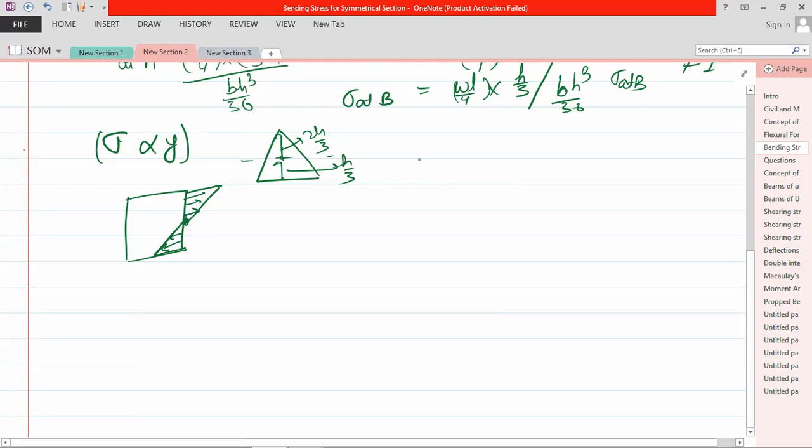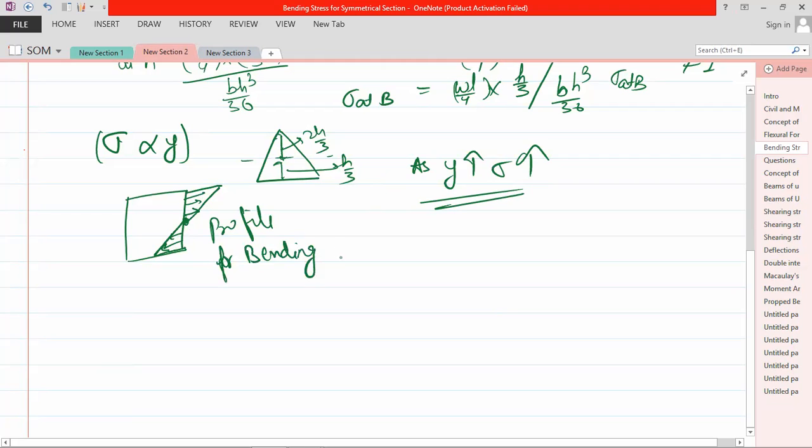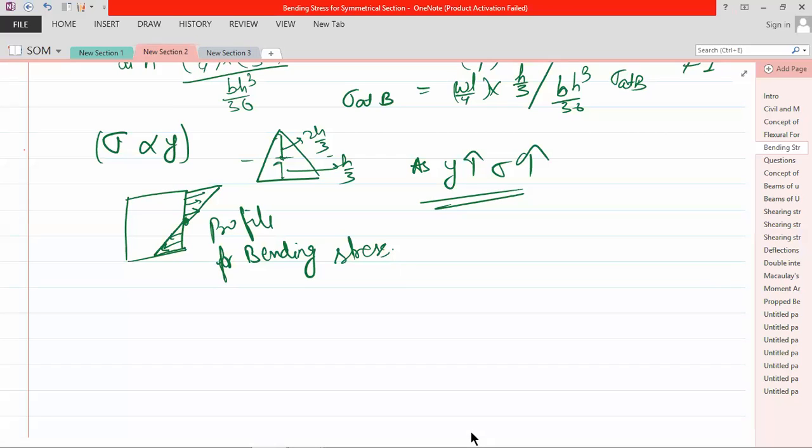So as y increases, sigma increases, and this is your profile for bending stress. Any problem with what I explained? Any question?